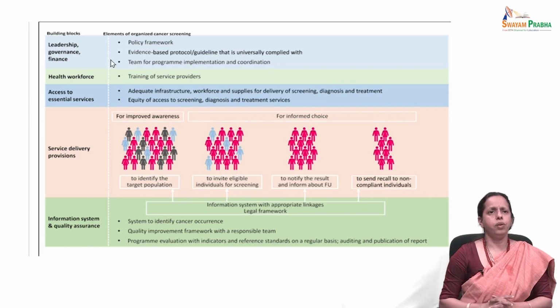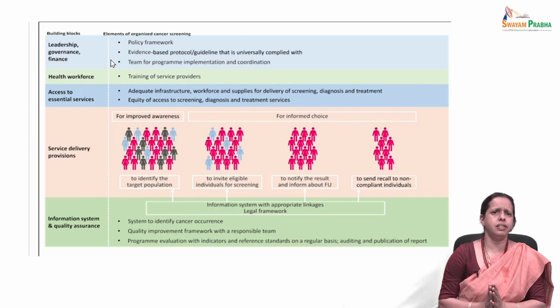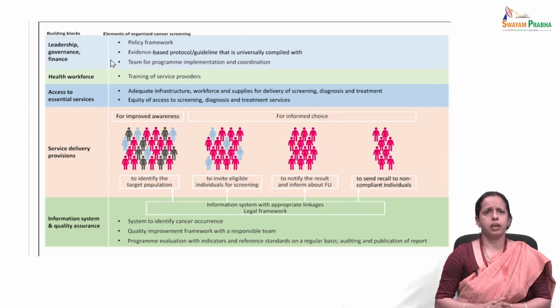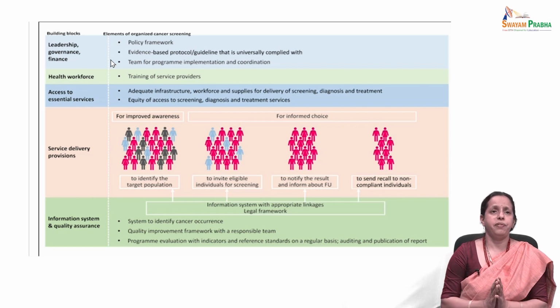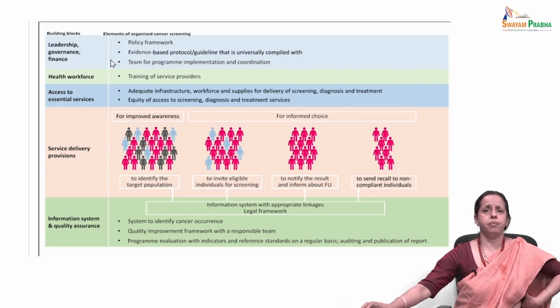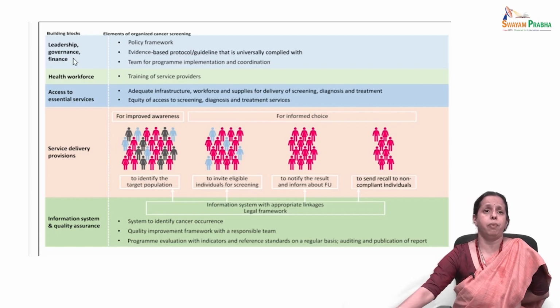Now, first, what are the different elements of organized cancer screening for cancer detection? For example, if you want to bring it in as a typical policy, or have a perfect deliverable, what are the different things needed? First, you have leadership, governance, and very importantly funding, financing for your cancer screening.